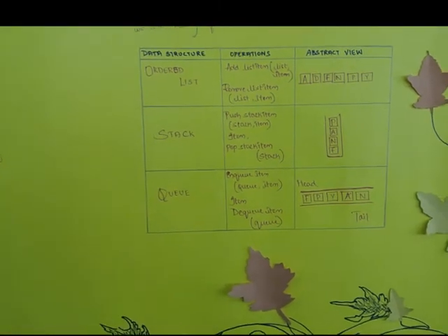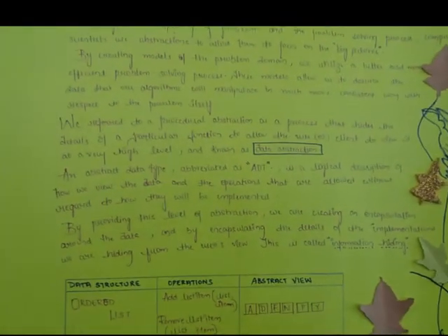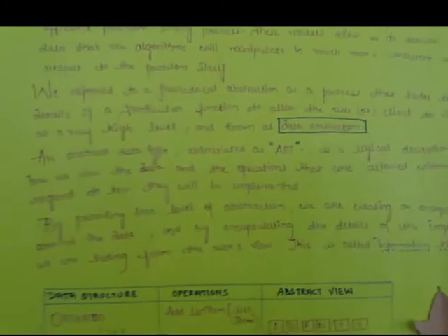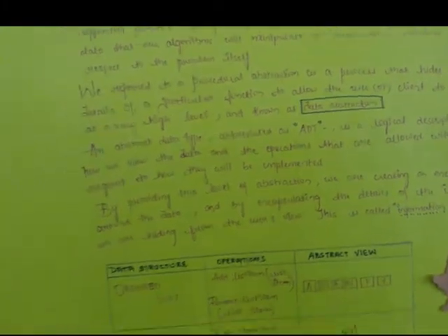To manage the complexity of problems and the problem solving process, computer scientists use abstraction to allow them to focus on the big picture.